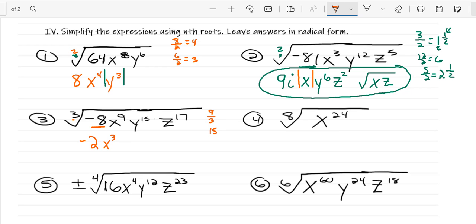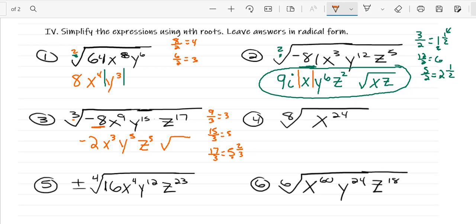15 divided by 3 is going to give us 5. So it'll be y to the third. I'm sorry, y to the fifth. And then 17 divided by 3. Now that one again is not going to go in evenly. It'll be 5. But then there's 2 left over. So it'll be z to the fifth. Again, the whole number comes out.